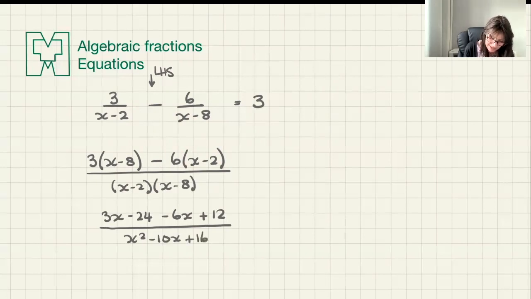We're going to tidy the top. So 3x minus 6x is minus 3x. Minus 24 plus 12 is minus 12. Okay. And that is all over x squared minus 10x plus 16 equaling 3.